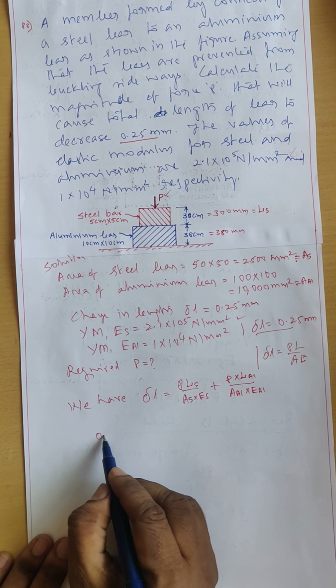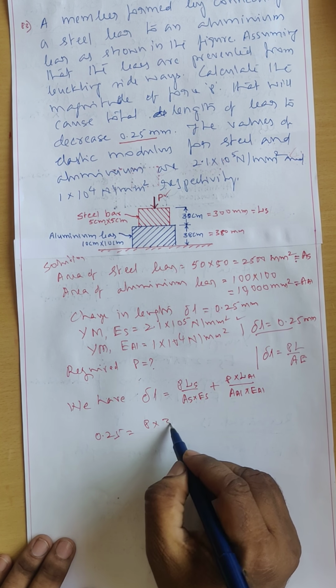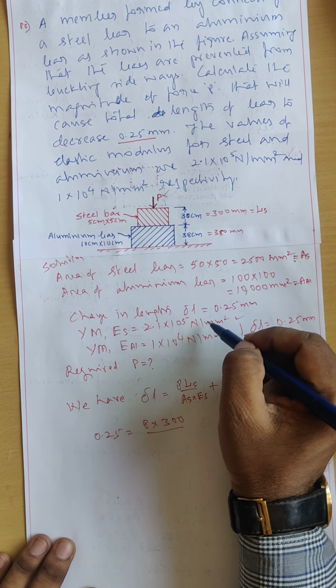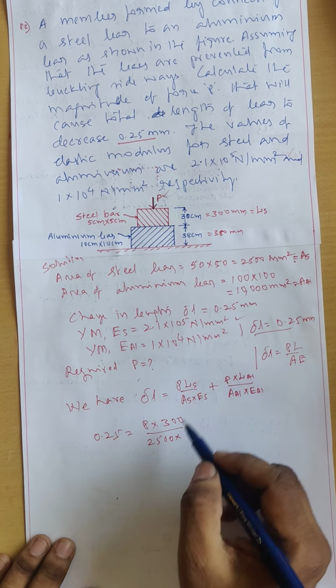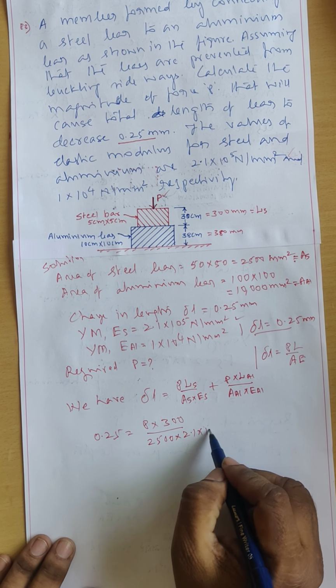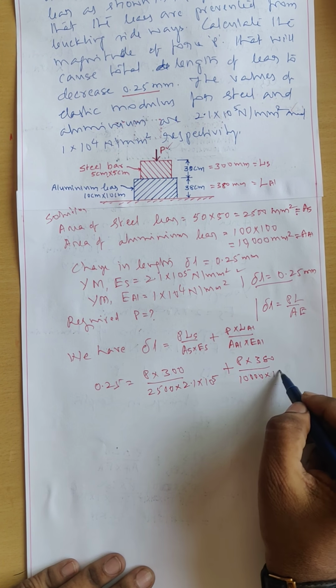So 0.25 equals P into LS, the length of the steel bar, 300 mm, divided by the area of the steel we calculated, 2500 millimeter square, into ES, given as 2.1 into 10 to the power 5 Newton per millimeter square, plus P, which we have to calculate, into L aluminium, 380 mm, divided by A aluminium, 10,000, into E aluminium, given in the problem as 1 into 10 to the power 4.